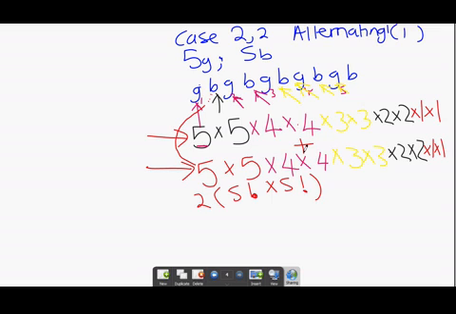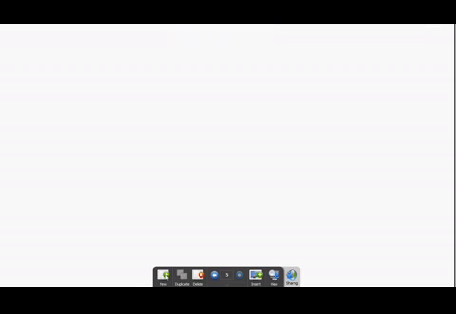Right. Let's look at the next case. Now, for the next case, case 2.3, and this is also alternating. Now, let's look at a case where we've got 5 girls again, but now we don't have 5 boys, we now have 4 boys.